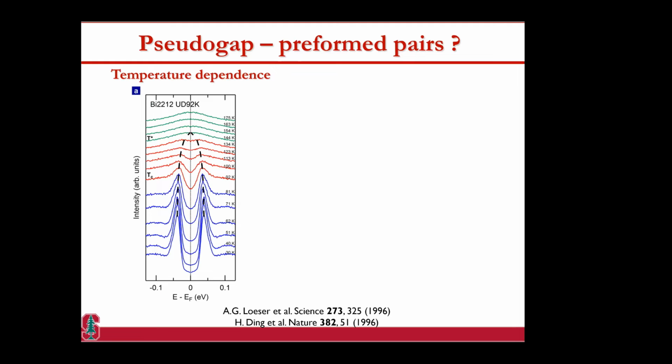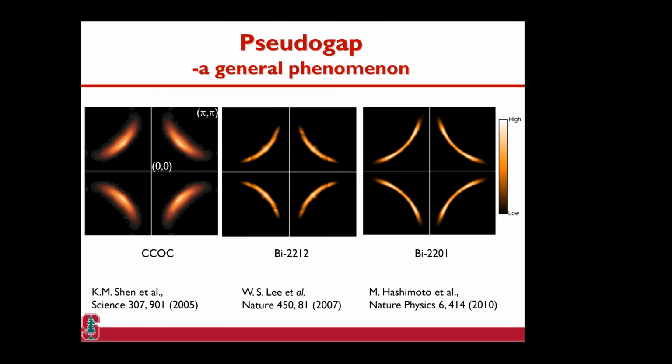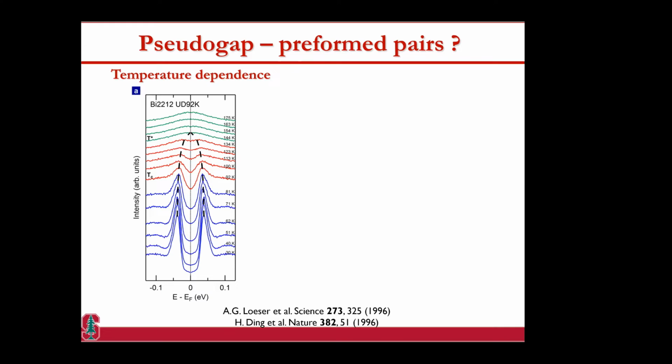Here I'm showing you just an illustration, a set of data taken at the antinode, where the gap is the largest. If you measure as a function of temperature, at a low temperature you see a superconducting gap.